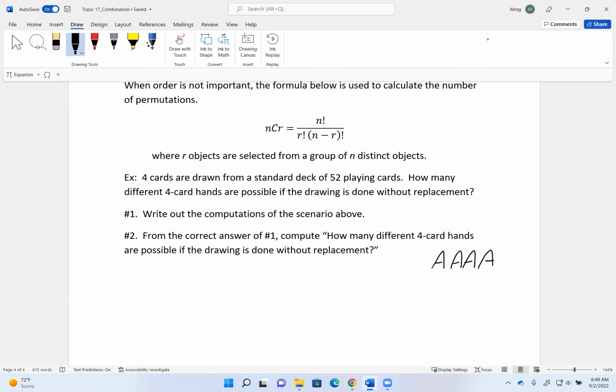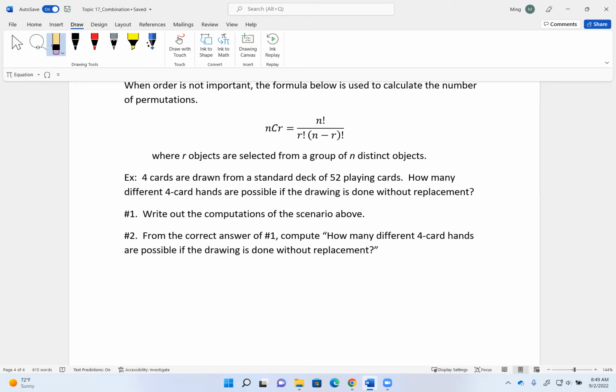When we play card games, just like poker, for example, which is 5 cards, the game is based on the type of cards you have in your hand. It doesn't matter which card you draw first, second, or third. That order does not matter. Another good example is playing the lottery.